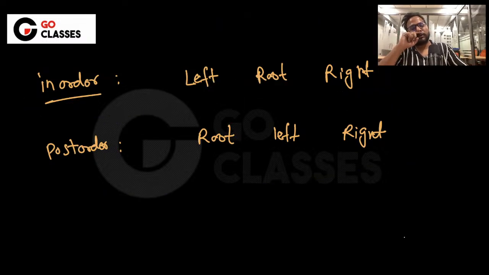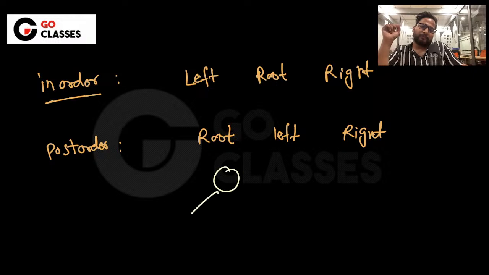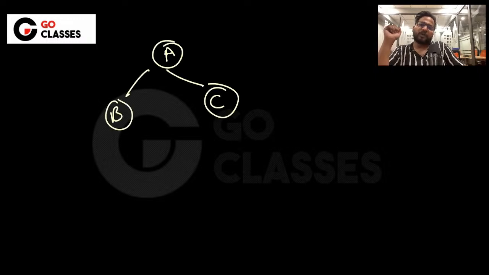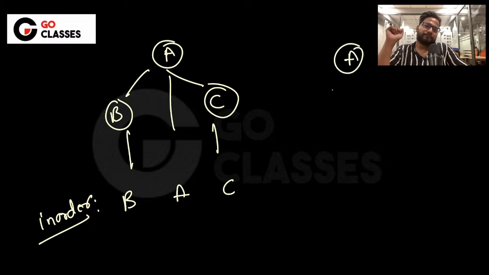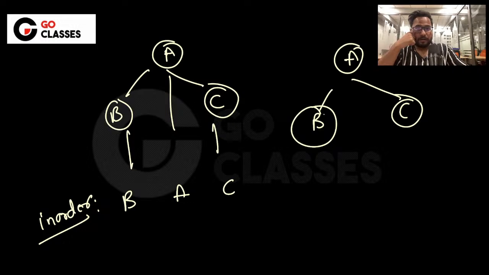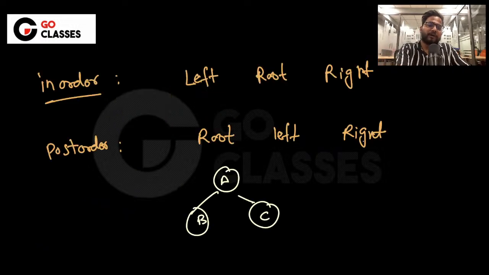How is it possible? See, for any tree, can you find out the in-order and post-order for this? In-order is basically the projection, BAC is in-order. What is post-order? Post-order is left, right, root.